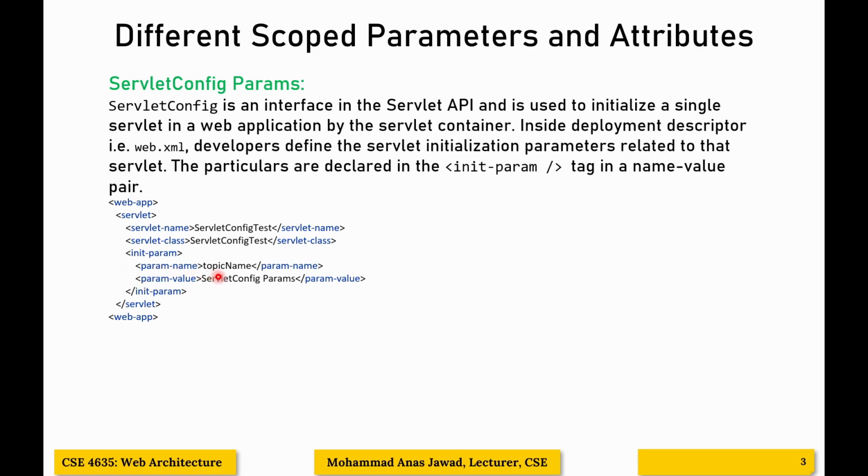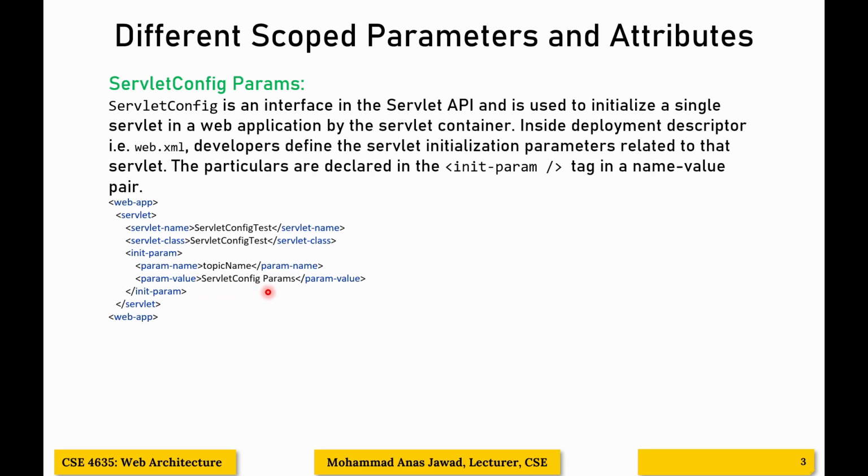For the param name, we write down the name of the parameter that we want to define, and for param value, we write down the value of that parameter. In this way, it is possible to define multiple parameters for our servlet. Just for example purposes, we are using a parameter called topic name, and as the value of this parameter, we have given servlet config params.